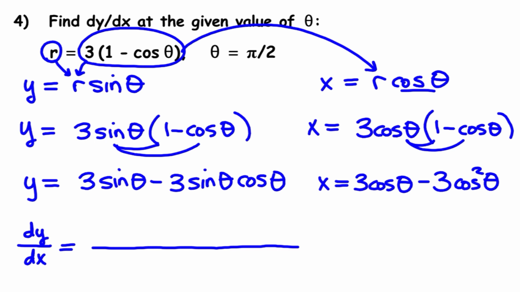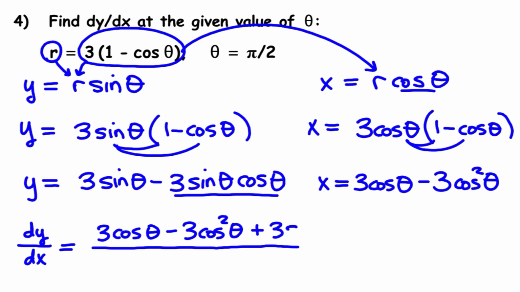The derivative of 3 sine theta will be 3 cos theta. Unfortunately, here I have a product rule. That's going to end up being 3 cos squared theta. And of course, it's minus because there was a negative there already. Negative times negative, because the derivative of cosine is negative sine. Double negative, so this will be plus 3 sine squared theta.